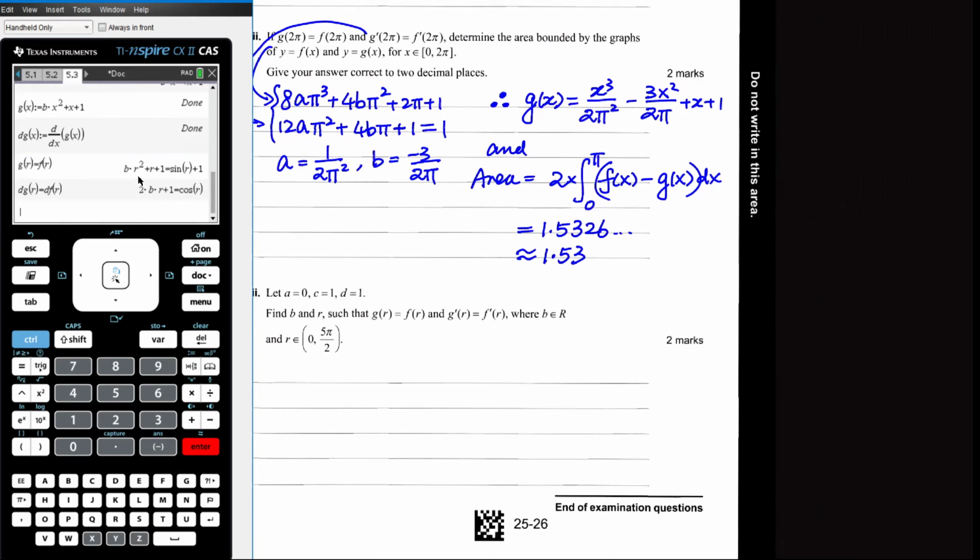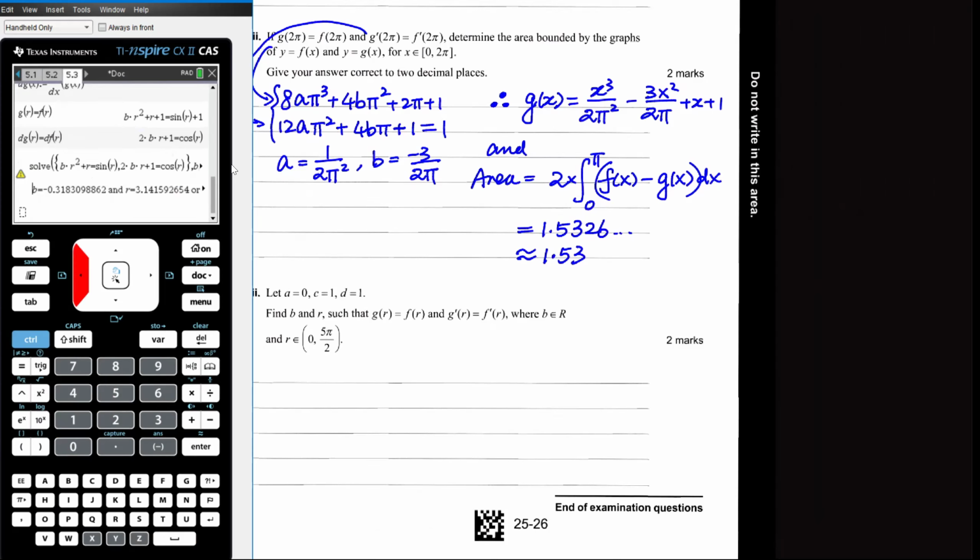We can solve them simultaneously, I suppose. Well, if I try to solve, let's say, that, we can just cancel the 1 from both sides. And you also get, let's say, this equation, comma b, comma r. And the r value is actually between 0 and 5 pi over 2.